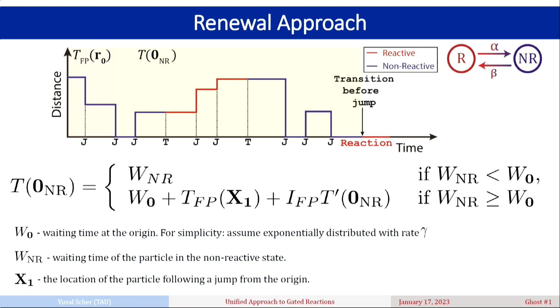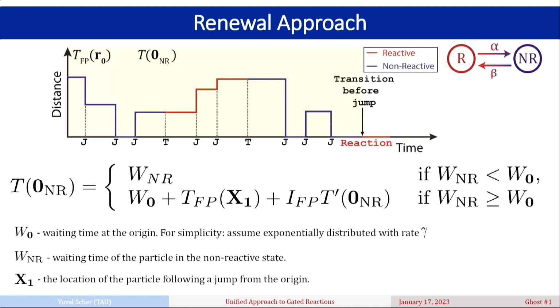But essentially, we are asking, once we arrive, did we switch on the target or not? If we did not switch on the target, we wait a certain time, then we come to this point, and we have to come back again, and again we ask the question, did we react or not? It is an indicator function, and this random variable here is IID, independent and identically distributed as that one.